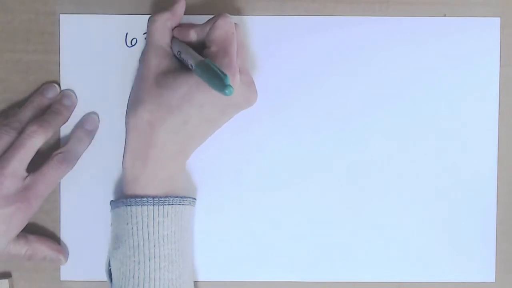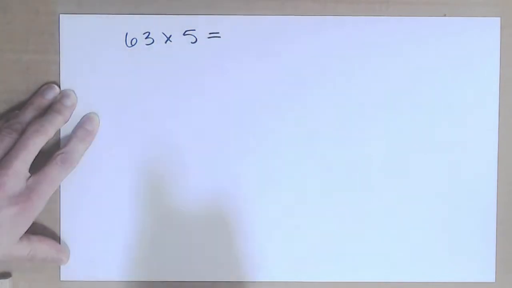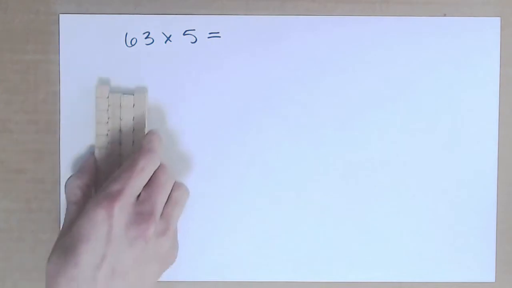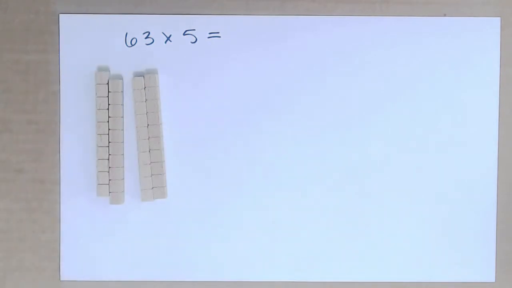Let's do another example. Okay, let's try 63 times 5. So we're thinking about this in our head. You could, in your head, kind of imagine these, if it helps.